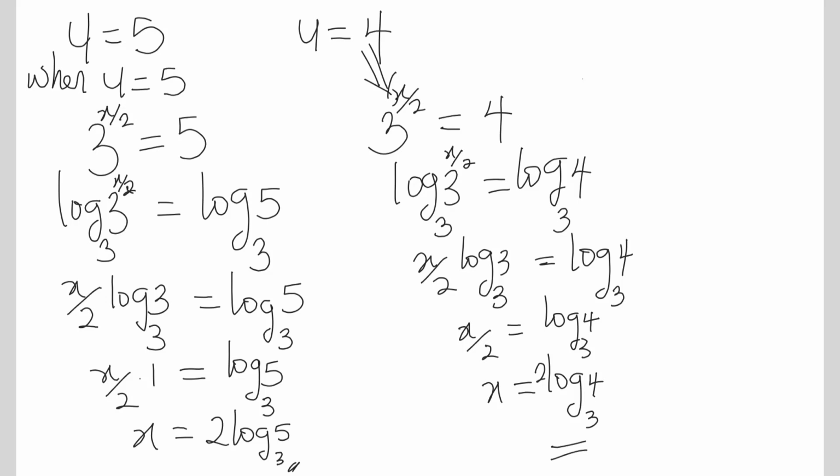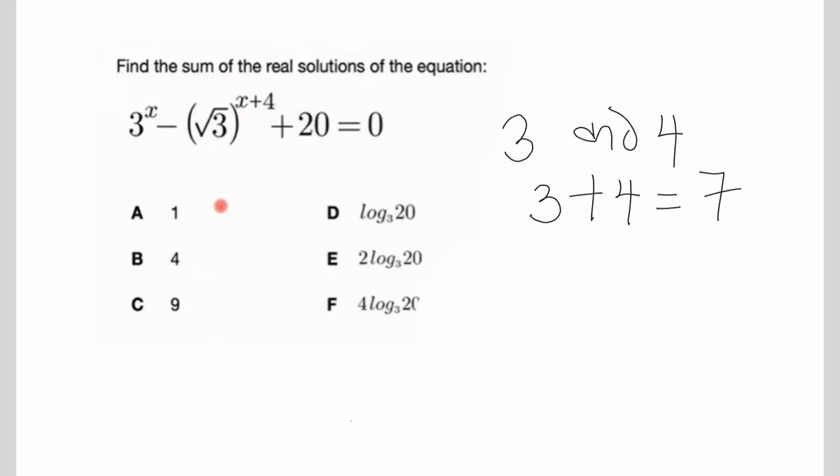But that's not the question. Don't forget, the question says find the sum of the real solutions of the equation. So we are going to be adding the two answers that we have gotten together. So I'm going to be praying that we get one of the answers here. Now let's quickly do that.